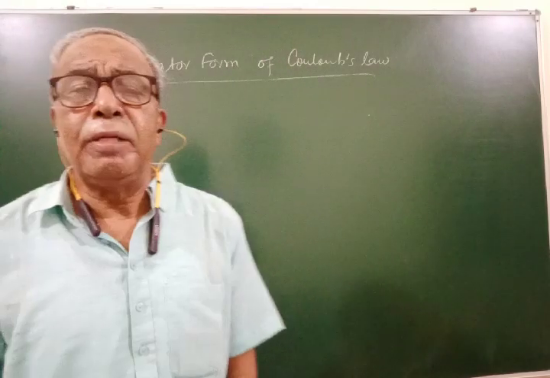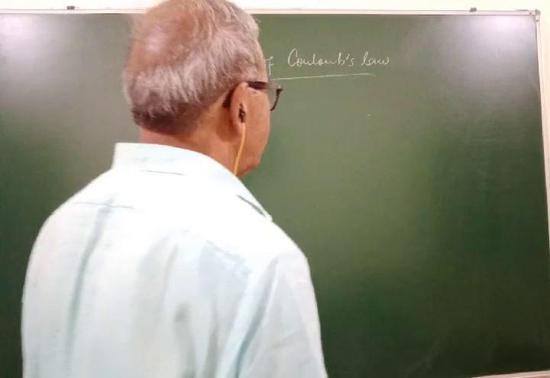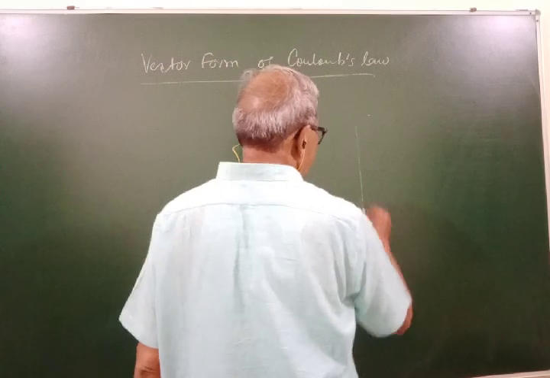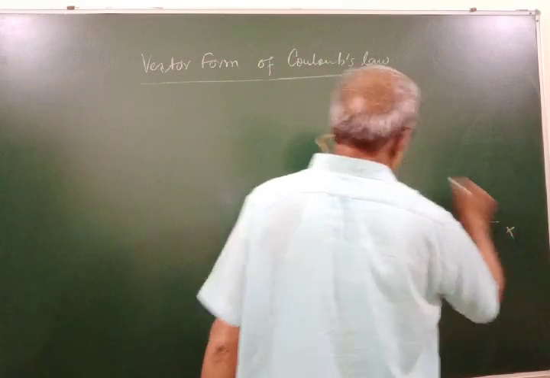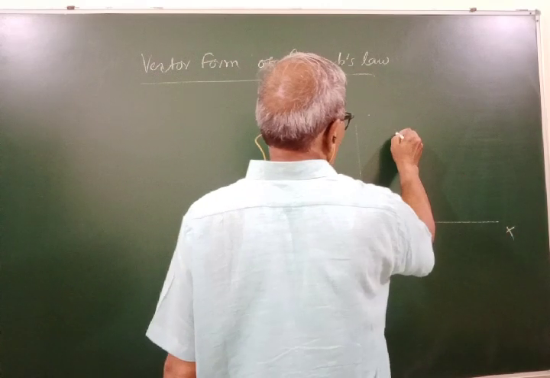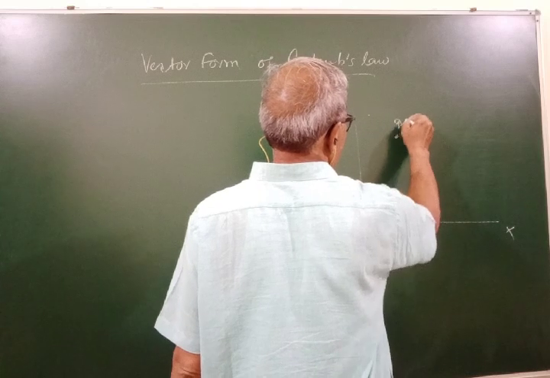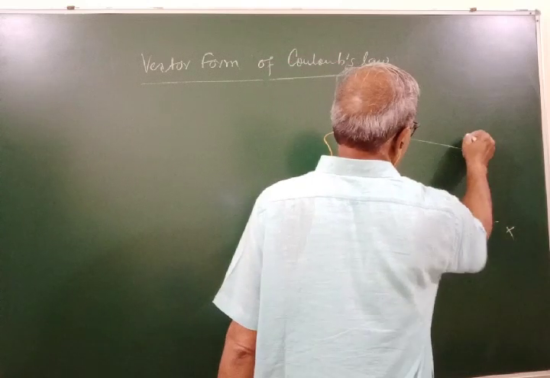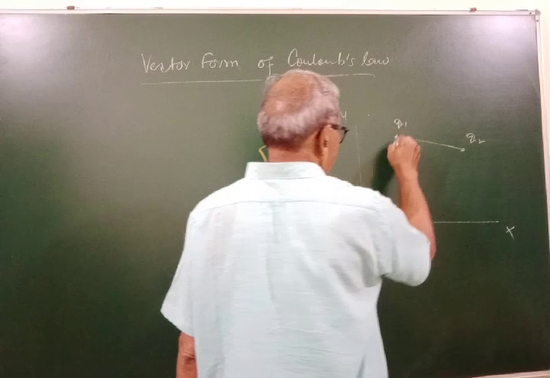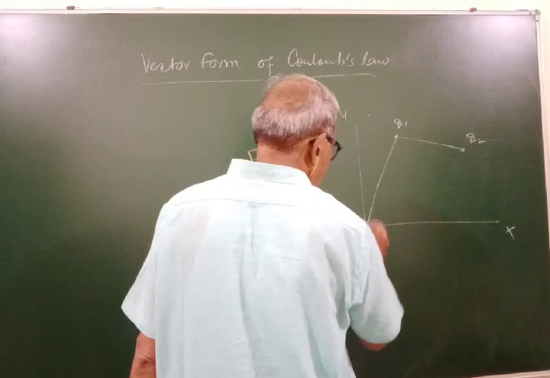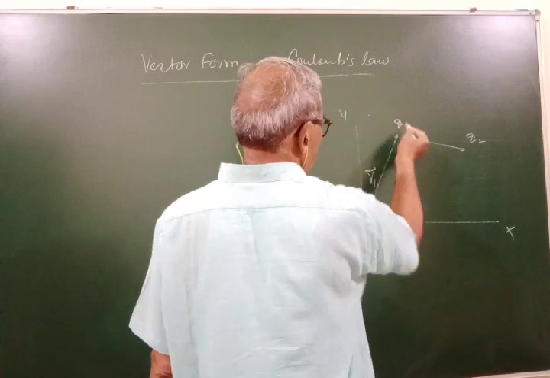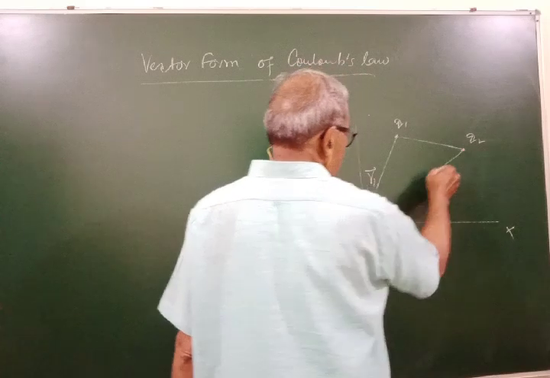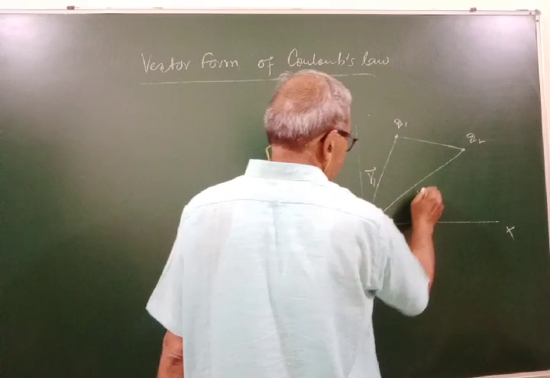Different people write in different manner. Suppose I take here the xy plane. Q1 charge placed here and Q2 here, and the position vector is r1 for Q1 and that of Q2 is r2.